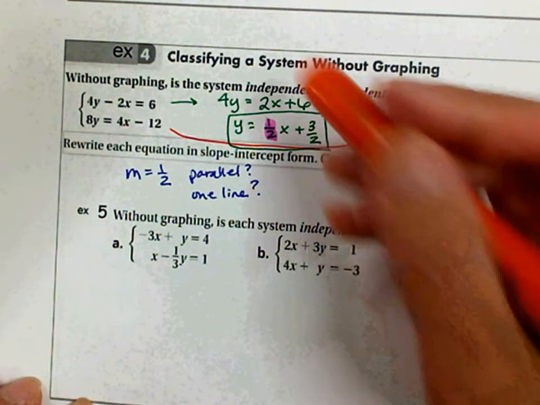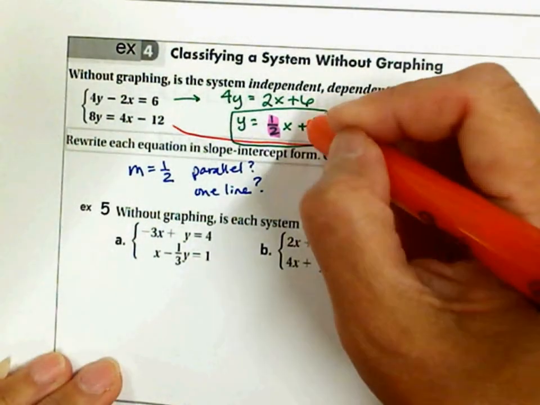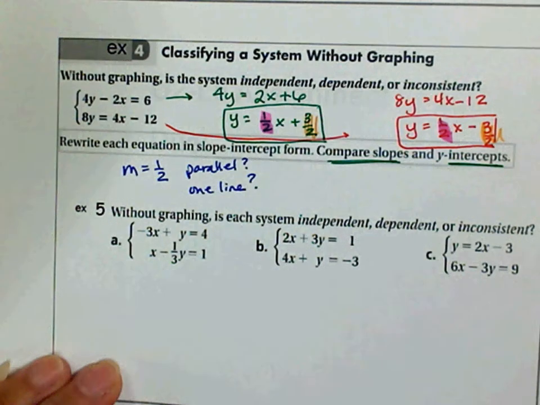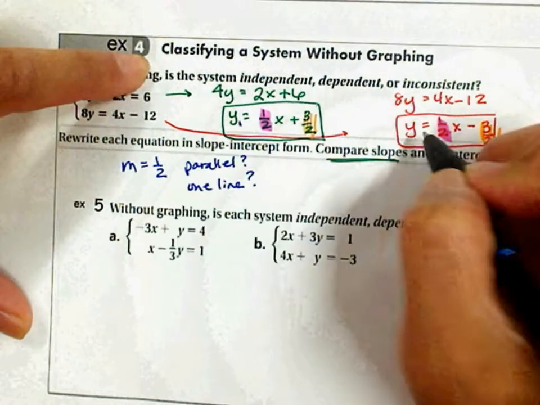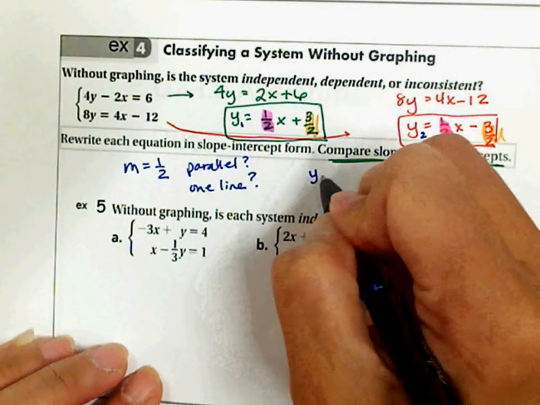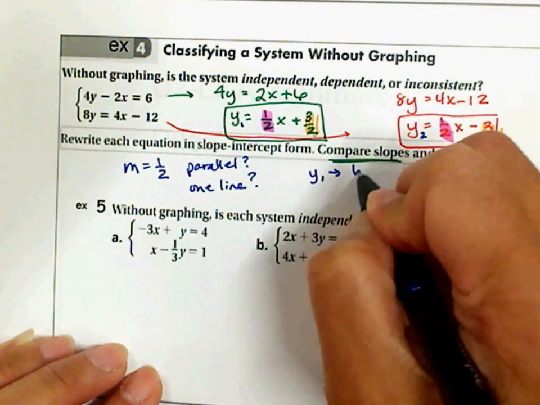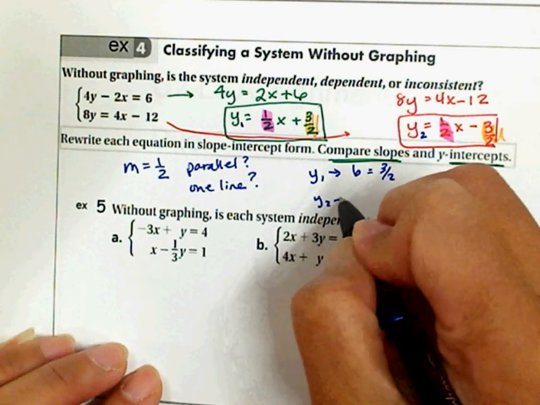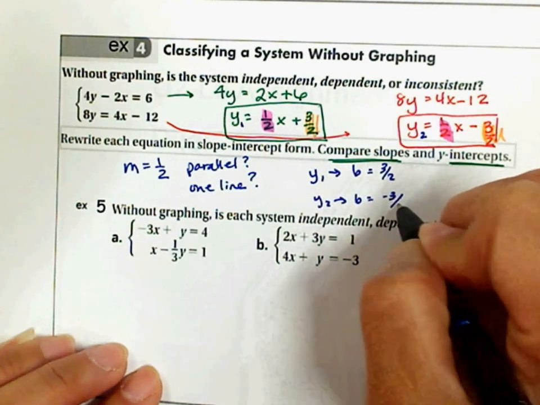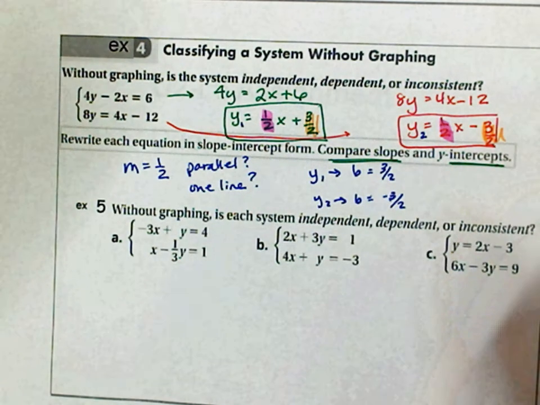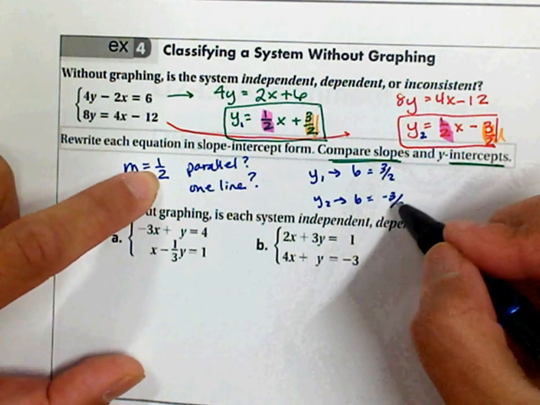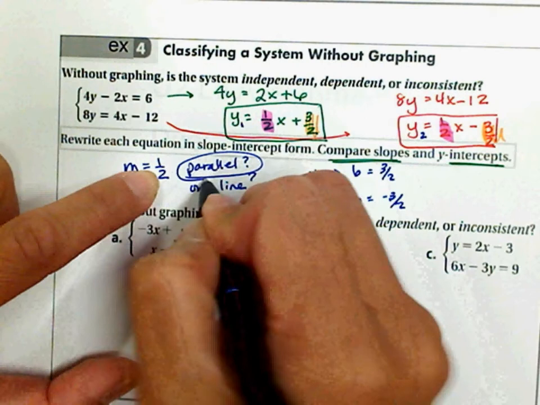We'll call this one 1 and that one 2. y1 has a b of 3 over 2. y2 has a b of negative 3 over 2. Are they exactly the same? No. Slope's the same, y-intercept's different. That tells you it's a parallel line. If this had been the same, it would have been the same line.